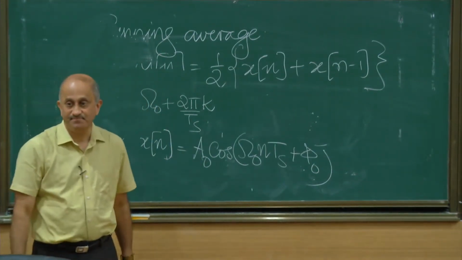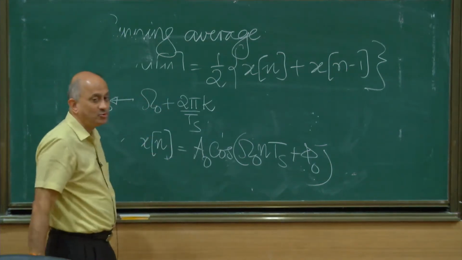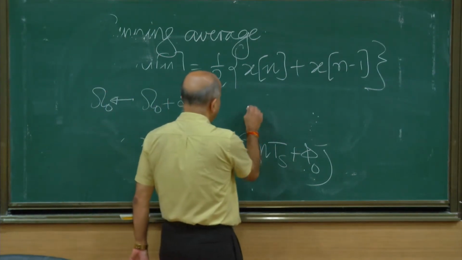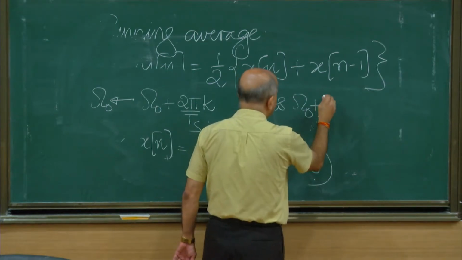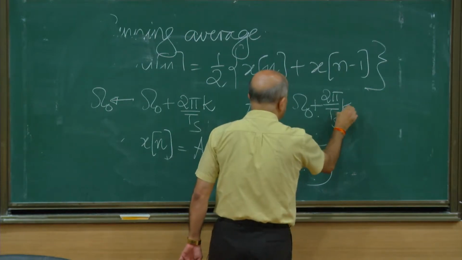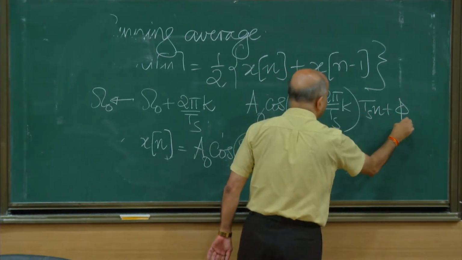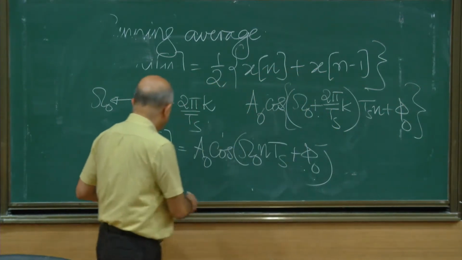Suppose you replaced omega naught by omega naught plus 2 pi by Ts times k. What would happen here? You would get A naught cos of (omega naught plus 2 pi by Ts times k) times Ts n plus phi naught.